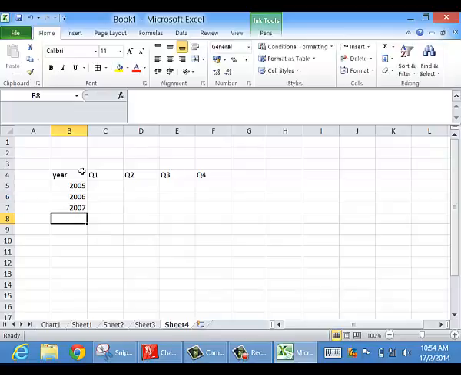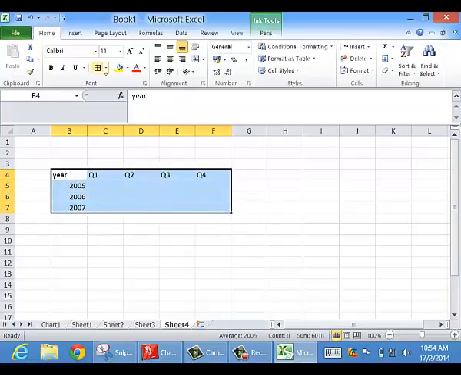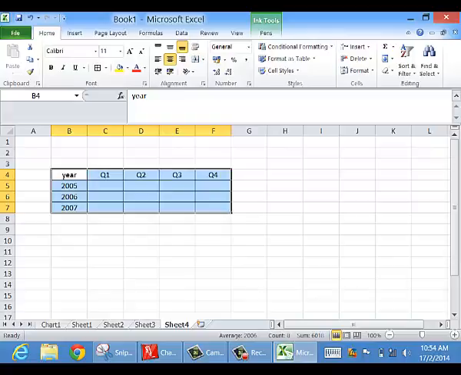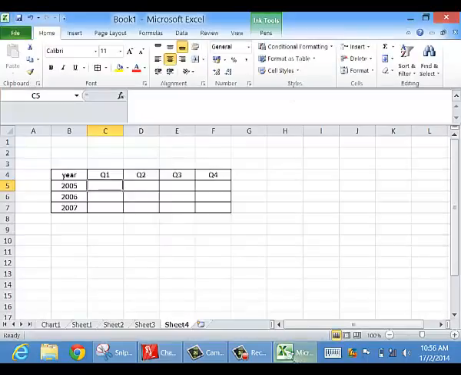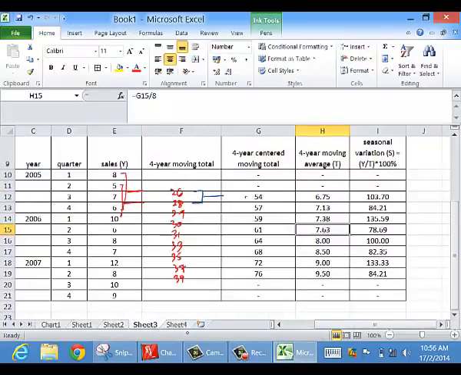Can you follow? Do you have any question? Next, you tabulate the seasonal variation into the new table.